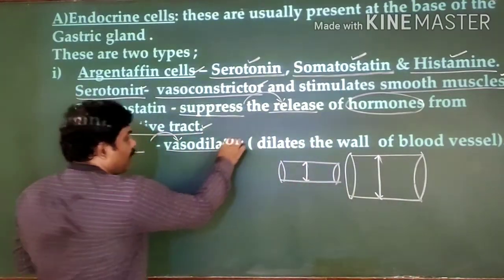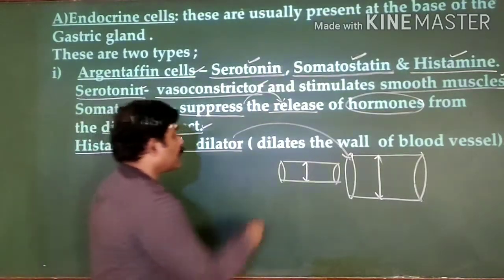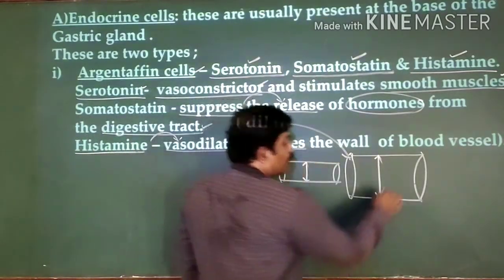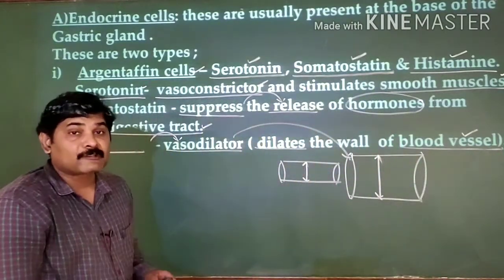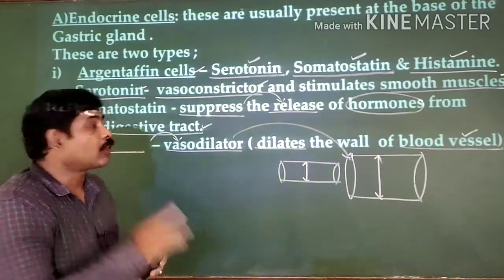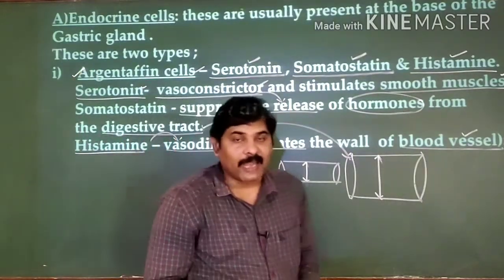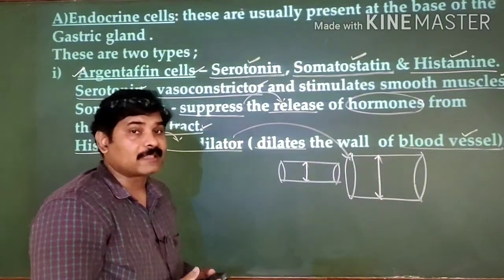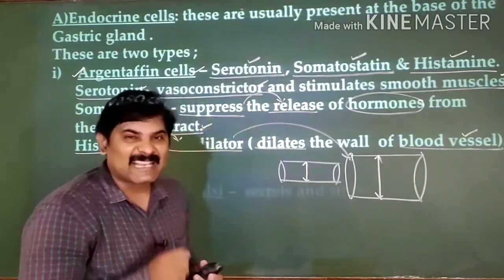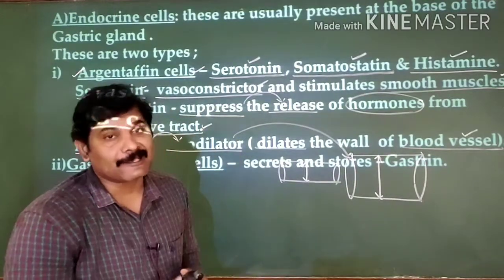So histamine acts on your blood vessels and helps in dilation of your blood vessels. So these are all the various functions of the hormones secreted by adjunct cells of your gastric gland. Along with that, there is one more important cell, which we call the gastrin cell, right? And it has another name, G cells also.